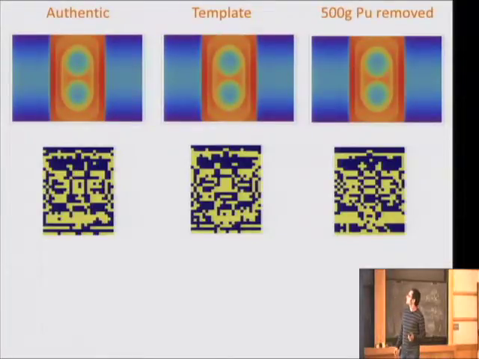The total amount of plutonium in this model is 4 kilograms. It's a spherical shell, about 1 centimeter thick, and we're removing roughly 1.5 millimeters from that shell. These are real Monte Carlo simulations, but we're talking about a 1.5 millimeter change in the geometry. So it's kind of smallish, which is why we don't see it.